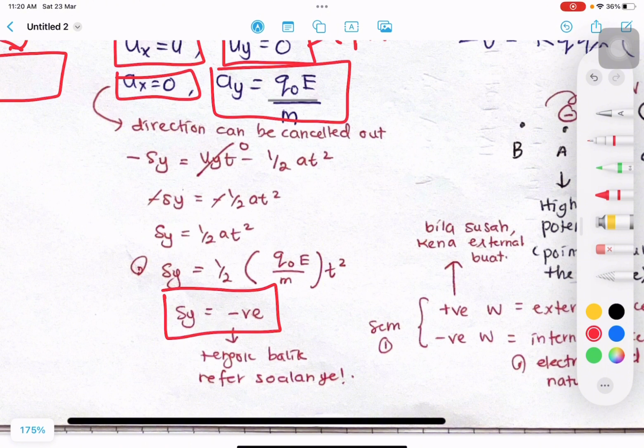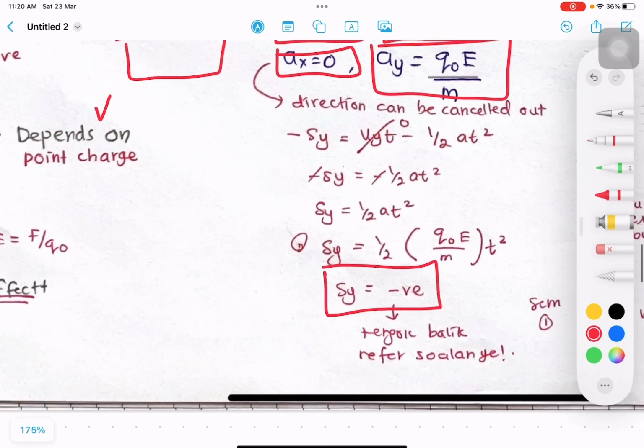So don't confuse why it is going to be negative. My lecturer said you don't have to substitute negative, but how come the answer is negative? Actually when involving kinematic, the answer can be either positive or negative depending on the direction, because when we start from the plate and it is moving downwards, Sy will be negative, for instance.